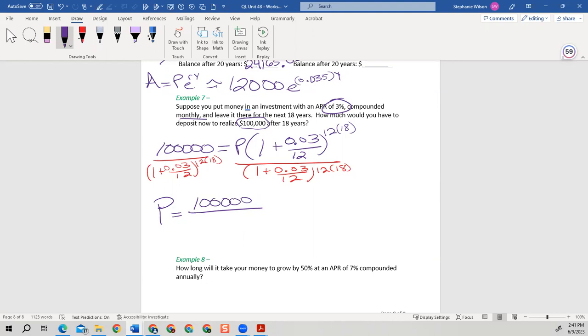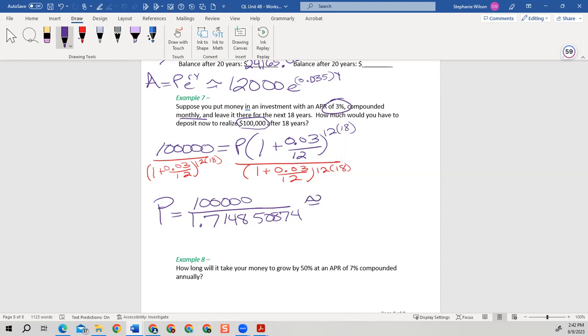And now I get 1.714850874. Now let's divide this out. Be careful with the zeros. If you leave one off that 100,000, it's going to change your answer significantly.